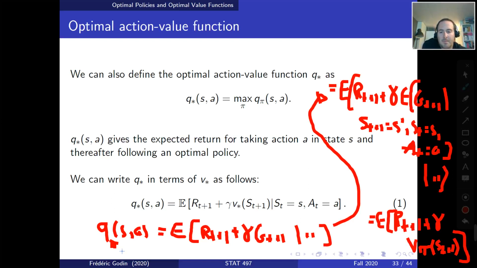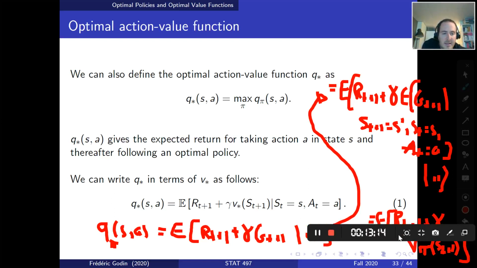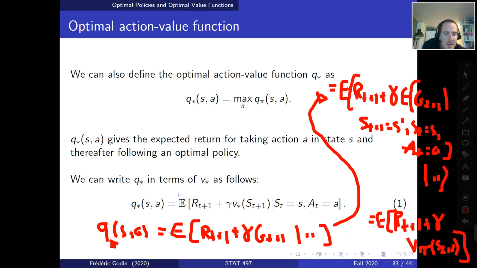So Q pi of s, a is the expectation of the next reward plus gamma times the value function for pi at the next state. We can do the same thing for the optimal policy.